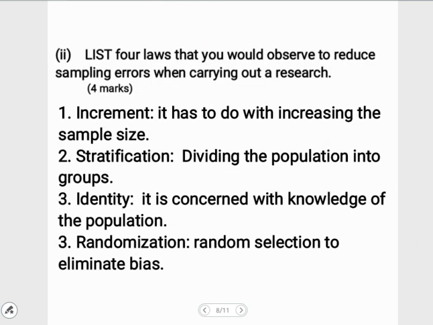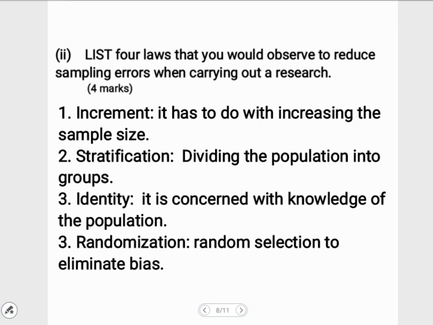The next question is, list 4 laws that you would observe to reduce sampling errors when carrying out a research. These are the laws you have to observe. Increment, it has to do with increasing the sample size.